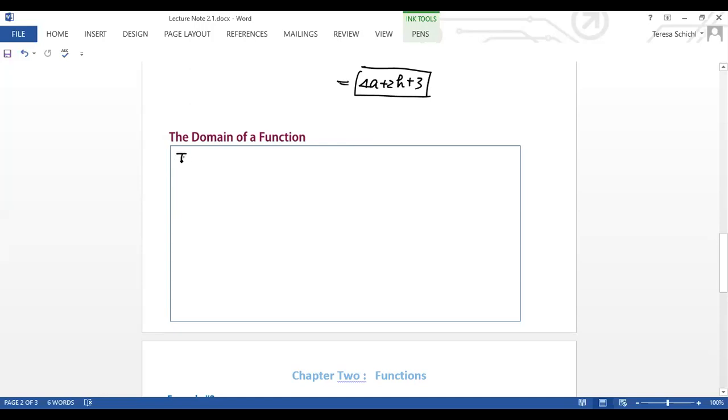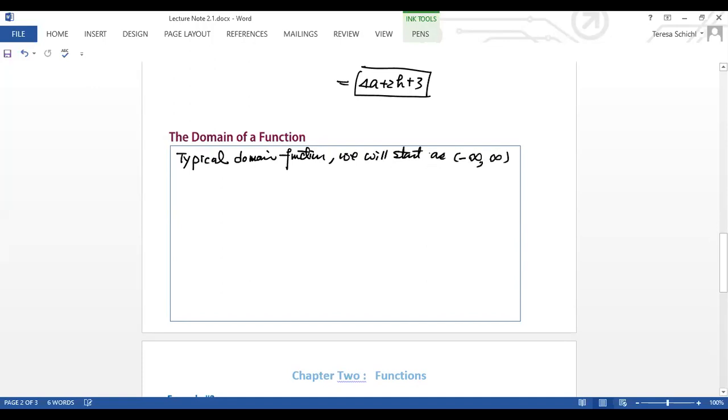So let's always say the typical domain of the function we will start as from negative infinity to positive infinity.